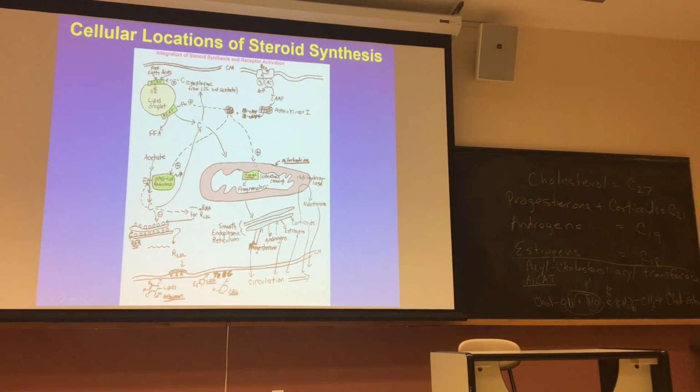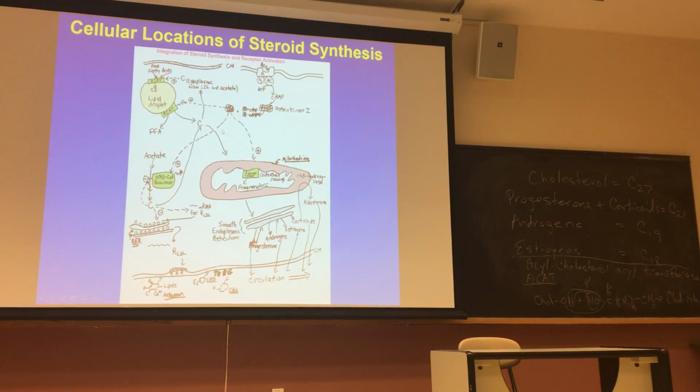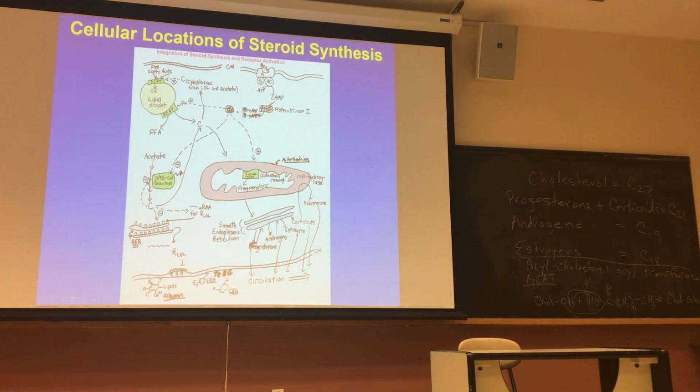There is a transport protein called StAR protein that seems to be a target for kinase. This lyase may also be a target. These two enzymes move cholesterol from the outside of the mitochondria to the inside and allow the formation of that first crucial intermediate, pregnenolone.